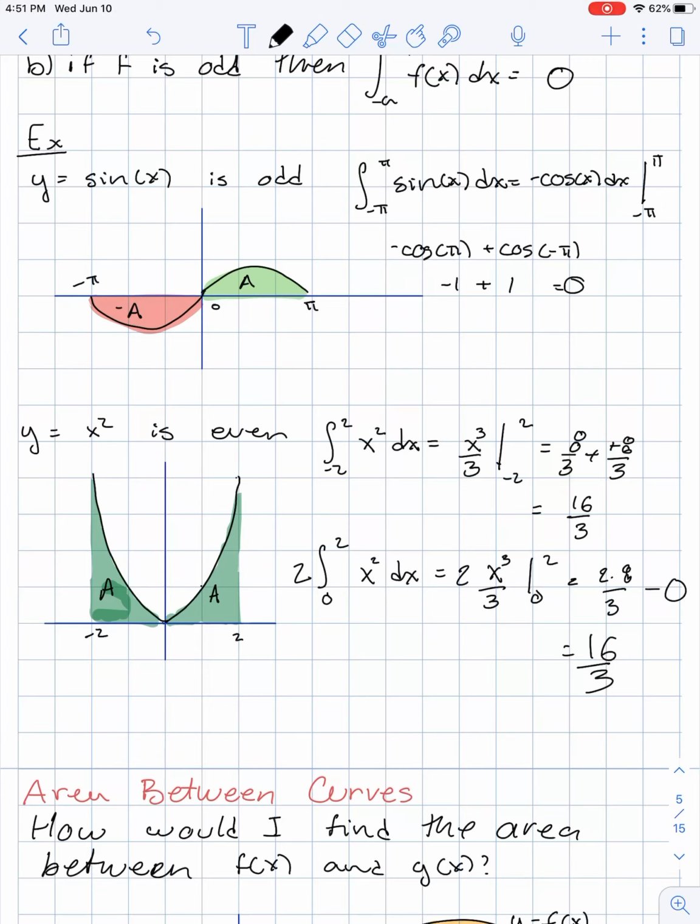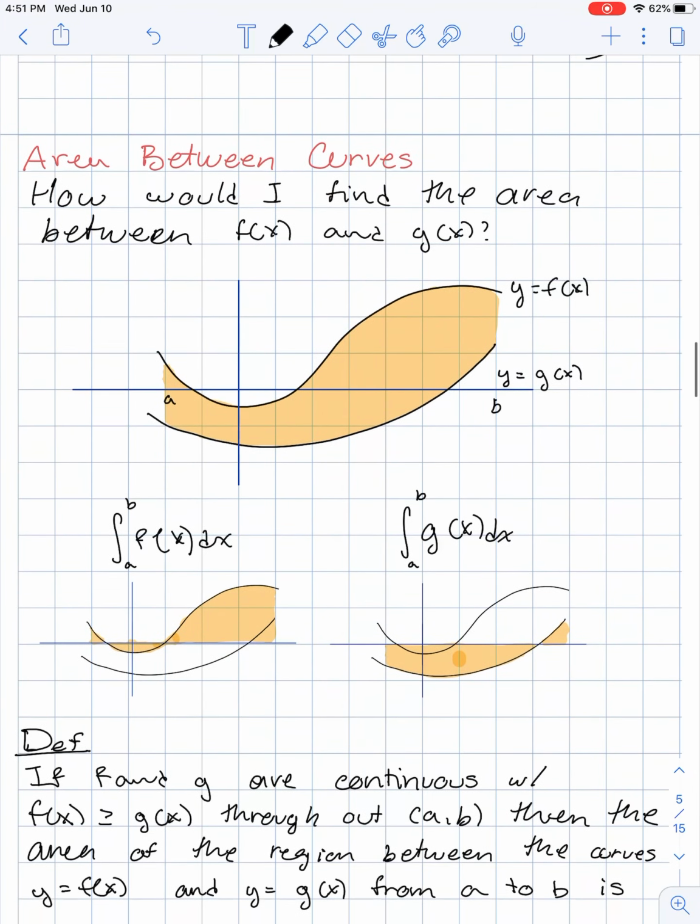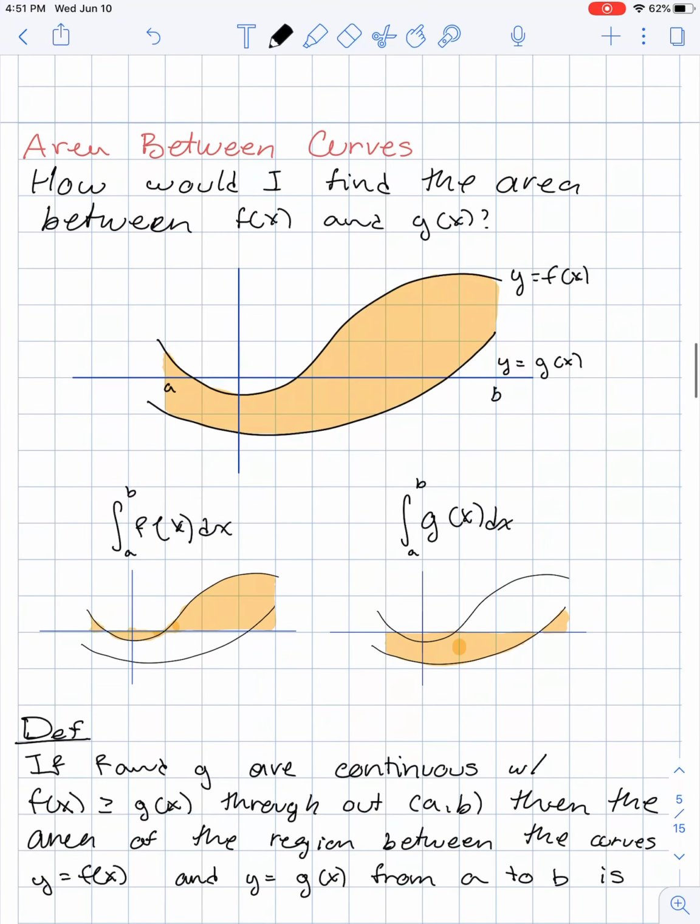All right. So now we're moving on to a bigger idea, and that's the area between curves. So I spent a lot of time making this beautiful drawing. I have the area between f of x and g of x. I don't really know how to find those, though. I know that if I take the integral of f of x dx, that's going to give me this area down here.